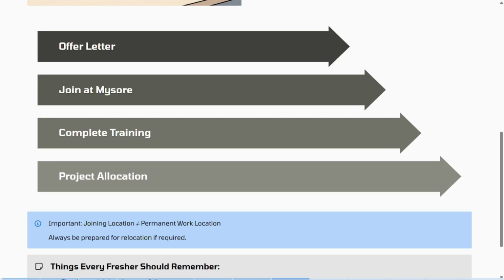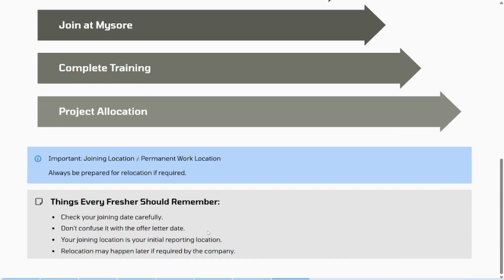For example, you may complete your training in Mysore, but later your project could be in Bangalore, Hyderabad, Pune, Chennai, or any other city. If your project requires you to work from a different location, the company may ask you to relocate.